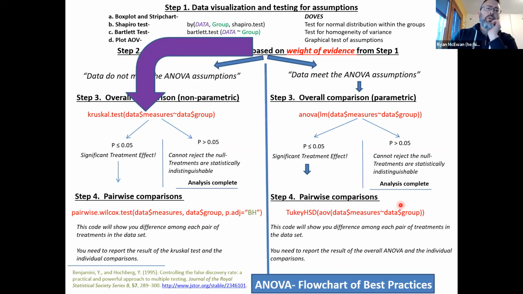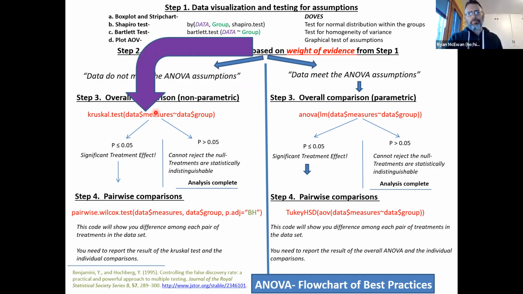So here's where we are. We've analyzed step one with our assessment, Shapiro test, Bartlett test, AOV. The weight of the evidence from step one is that the data do not meet the ANOVA assumptions. That means we're going to come down this side of this flow chart.